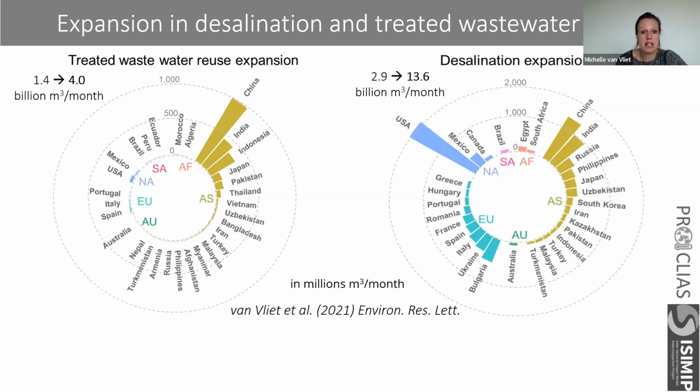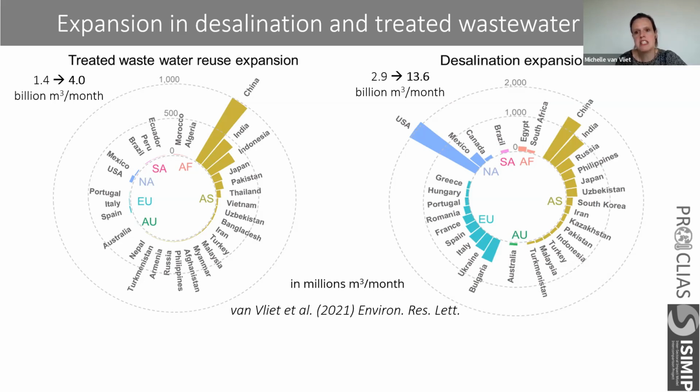And there is in particular strong potential expansion for the countries in Asia, like China, India, also Indonesia. So in those quite densely populated regions, there are still large volumes of wastewater that can potentially be treated and reused for irrigation, which is also by far the dominant water use sector in those regions.